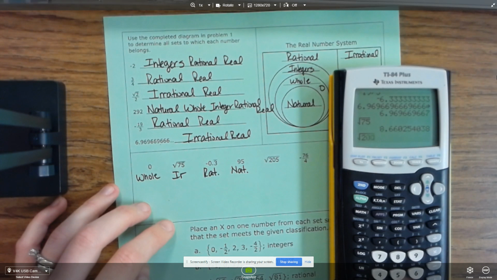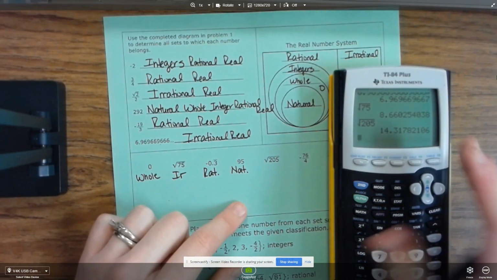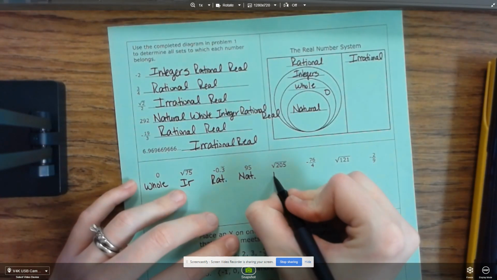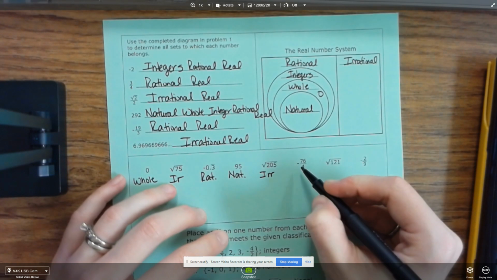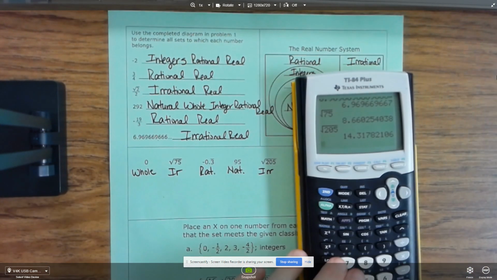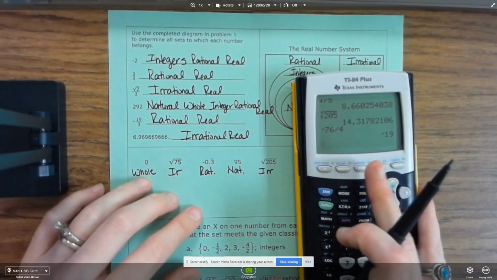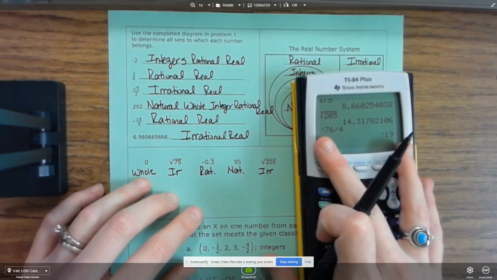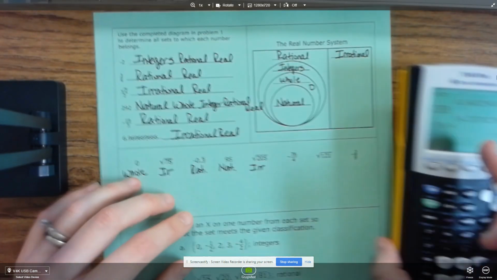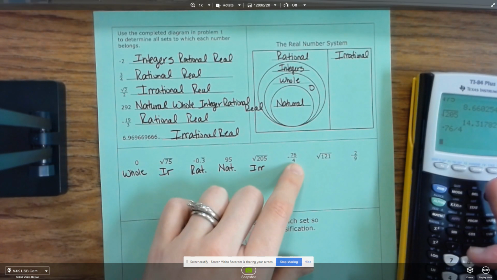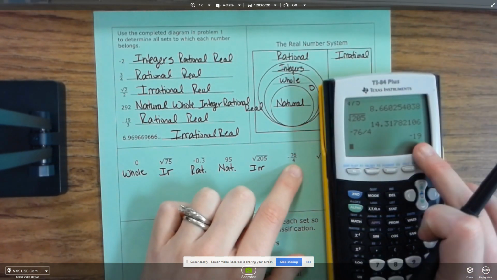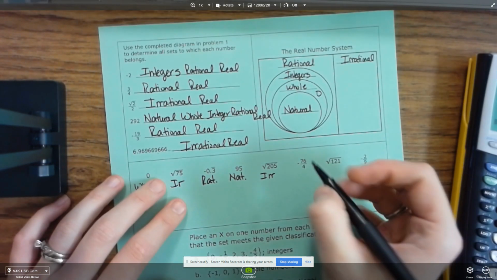And then the square root of 205, long crazy decimal, so it's irrational. -76 over 4. When you put that one in, it simplifies down to -19. So that's why you always need to type them in to check. Because if you would just go off of, well, it's a fraction, it's rational, you would be wrong because it's an integer.